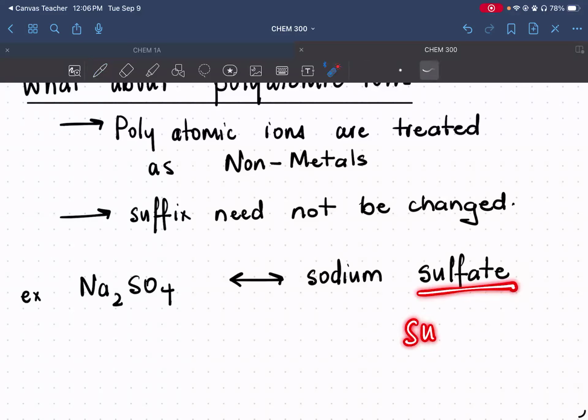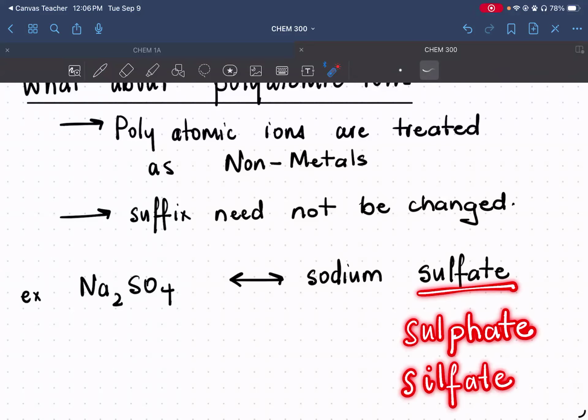If you made a typo that instead of writing F, you wrote PH, that's still sulfate to me. So you would still get credit for it. That's fine. If you were to misspell this with an I at the beginning, I'd know what you were saying. I would assume that you just made a mistake under rushed conditions, and I'd still give you the credit. So if the typo is minor and does not change the name, then you'll be fine.